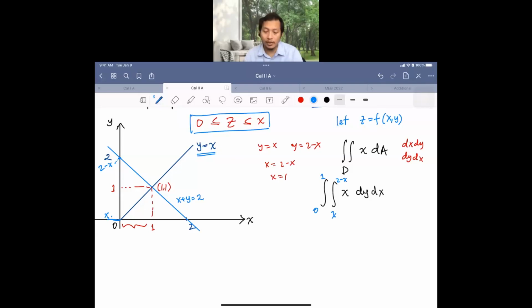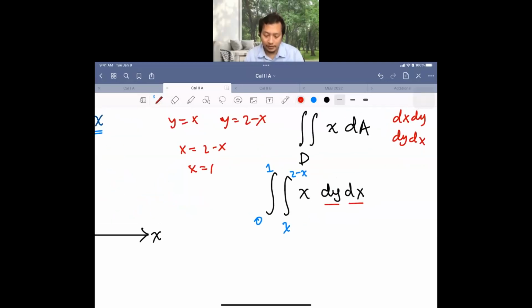Now, why am I choosing dy dx? Because we have x, right? And if you integrate x, we just add y, right? I think that will be a better choice for calculation. If we take dx and then dy, we will have this in terms of x. If we want to integrate, this will be x squared over 2.